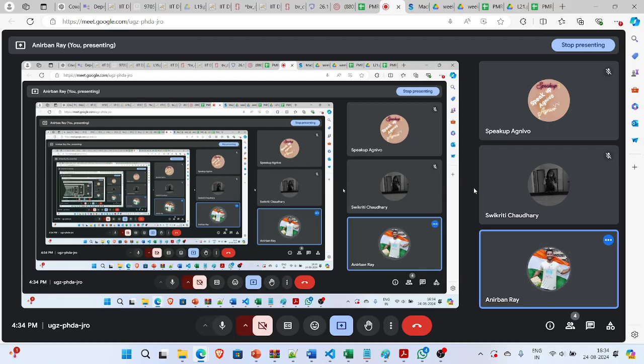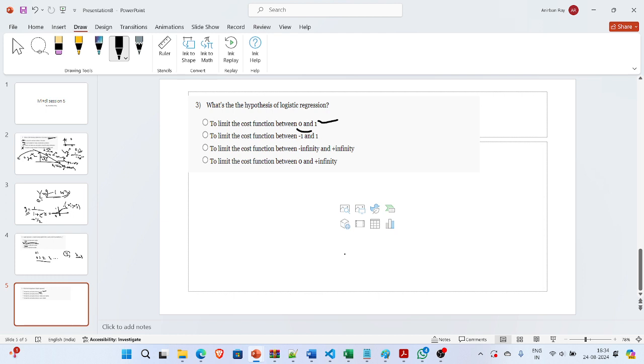Anybody know the answer? So as I explained, the classifier is still linear. We are using the non-linearity to classify it between 0 and 1, not between 0 and 1 only. So that's the idea. Let's continue.